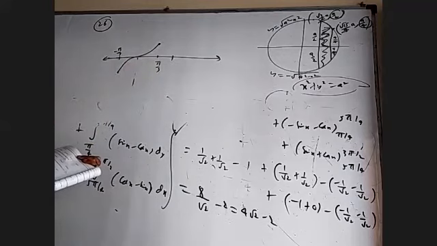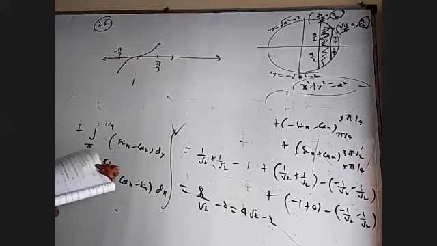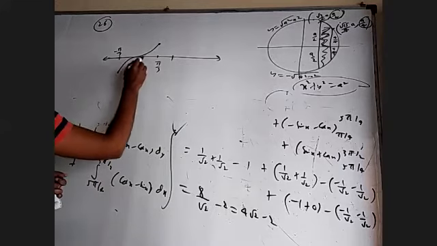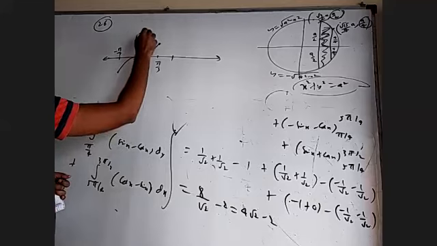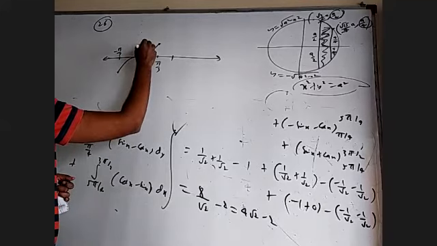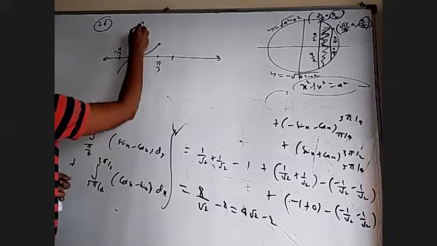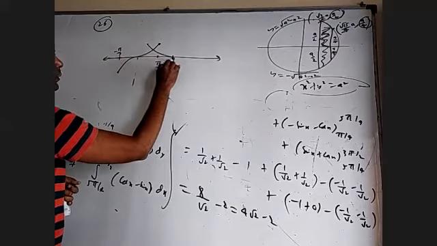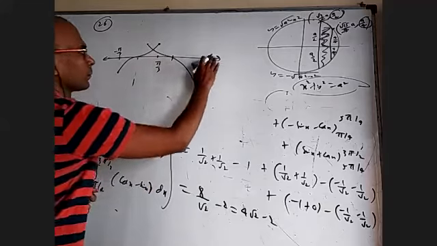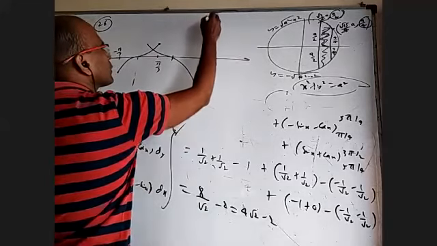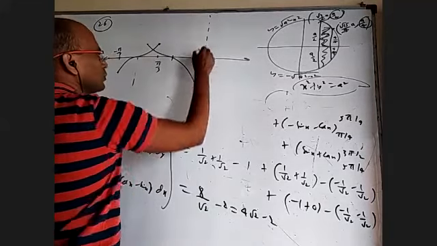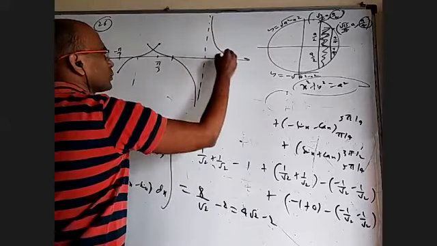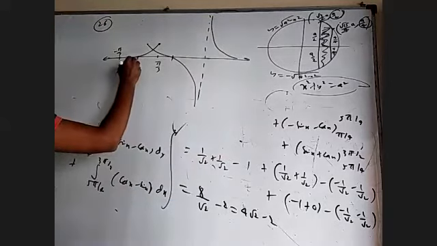Let us see, what is the graph of cot x between pi by 6 to 3 pi by 2? Pi by 6 is here. At that time, it will be root 3, that is same as this one. It will be like this, and then like this.